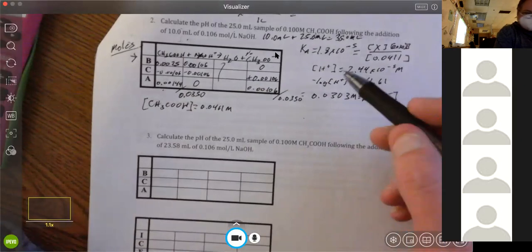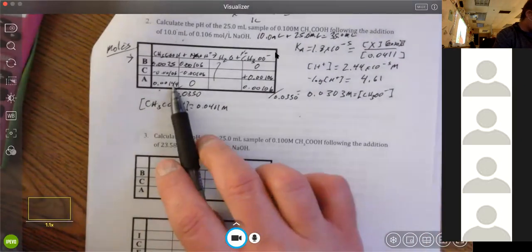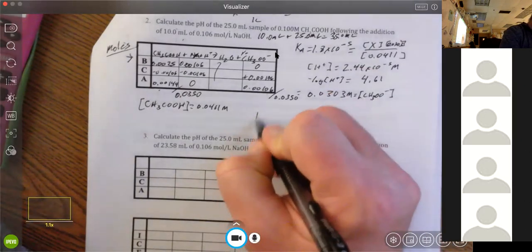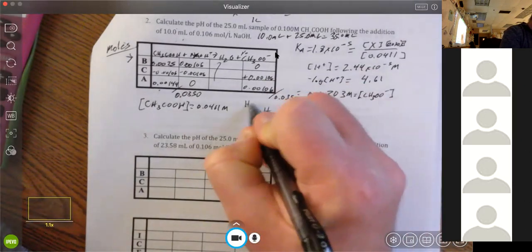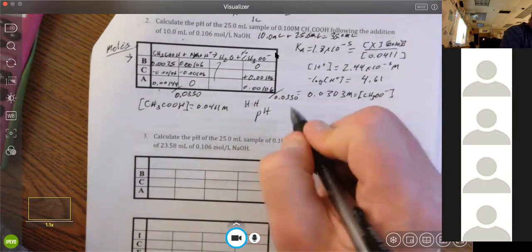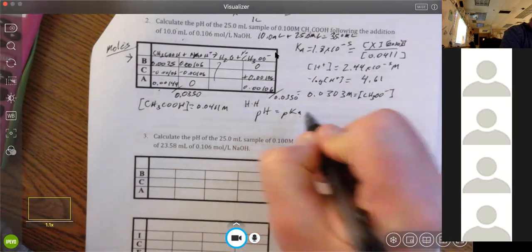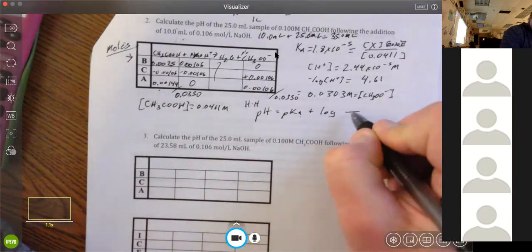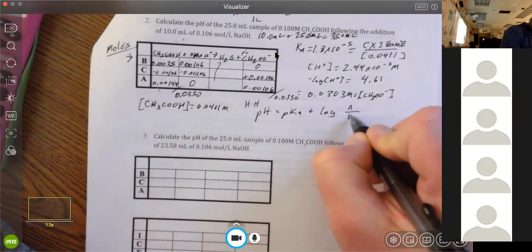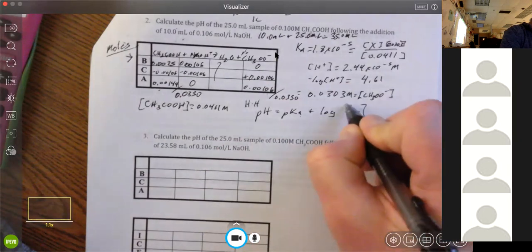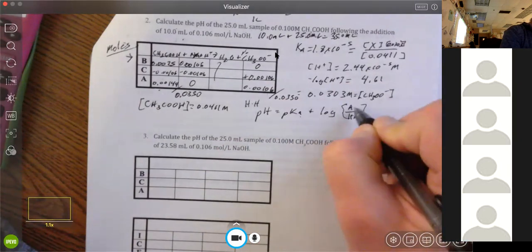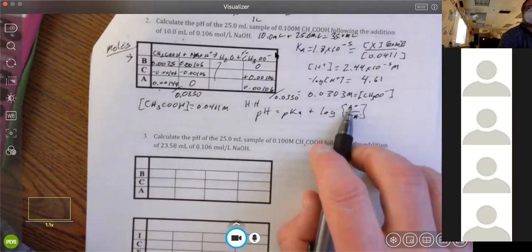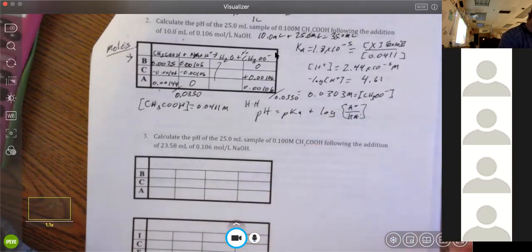Now, another way you could do this, because we have the acid and its conjugate base, is the Henderson-Hasselbalch equation. pH equals pKa plus the log of the base over the acid, because it's lost its hydrogen here. That's the conjugate base.